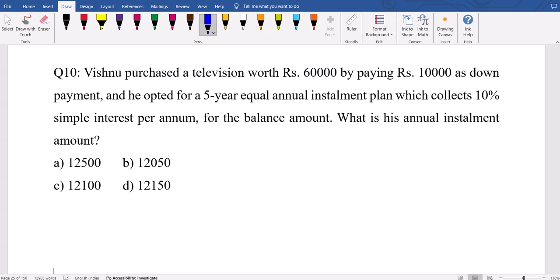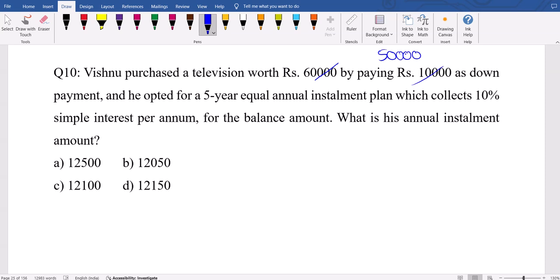Every year, how much does he need to pay? Installment concept: 60,000, and you pay 10,000 as a down payment, means 50,000 is the balance. He opted for a 5 year equal annual installment plan, which collects 10% simple interest per annum for the balance amount.